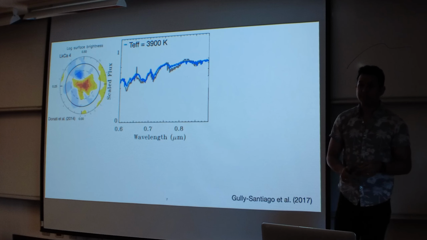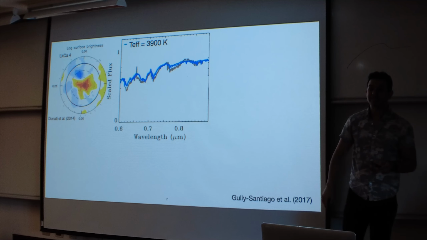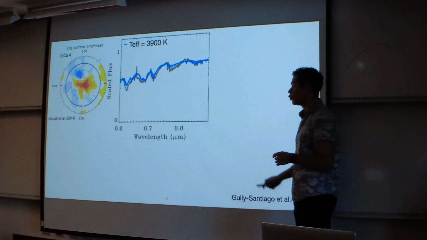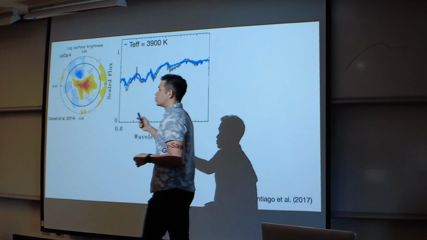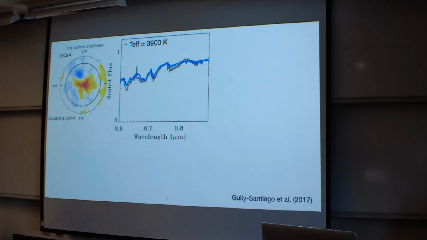But I think the answer to this one was very clear in a 2017 paper by Willy Santiago. Willy Santiago looked at a source, a weak-line T Tauri star. It means that it's a young source, only 2 million years old, that does not have a disk, which means it has no accretion onto the star, so there should be no hotspots.